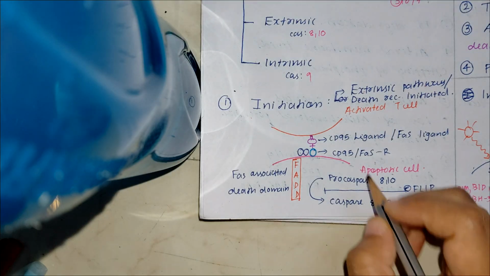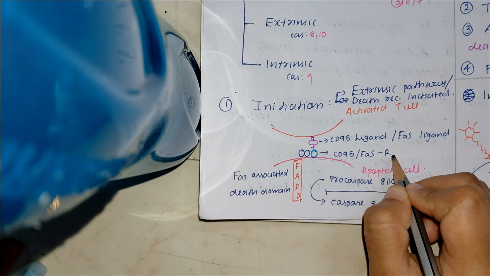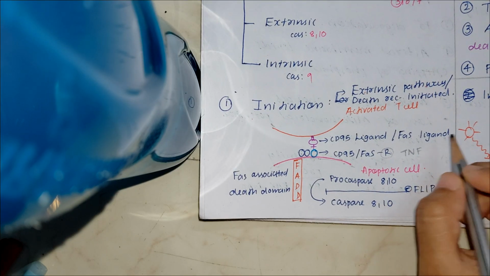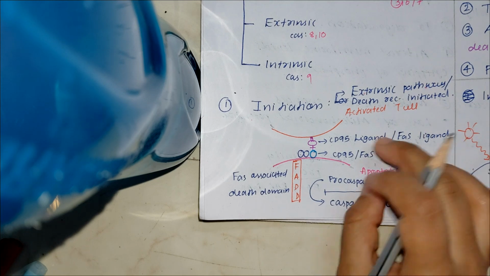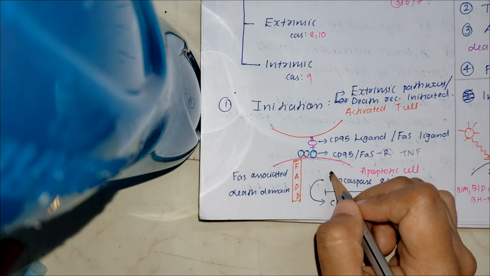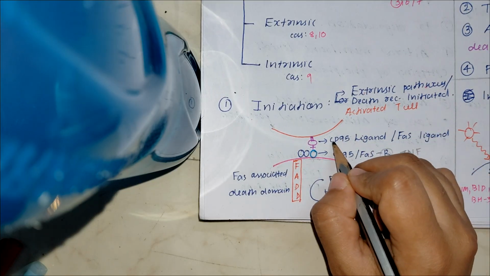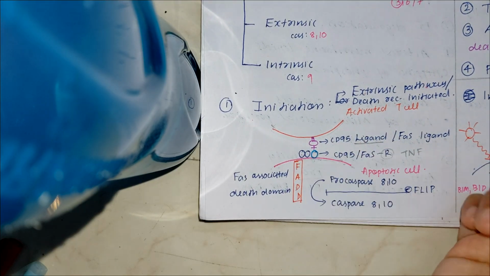It is CD95 or FAS receptor, also called tumor necrosis factor, TNF. Anyway, the CD95 or FAS receptor will be present. This FAS receptor will be attached to the CD95 ligand, which the activated T cell projects.